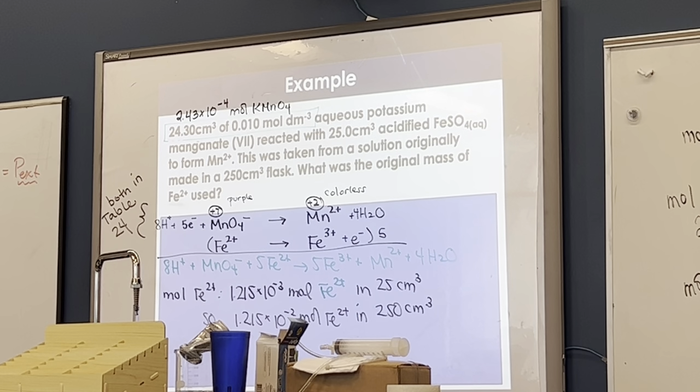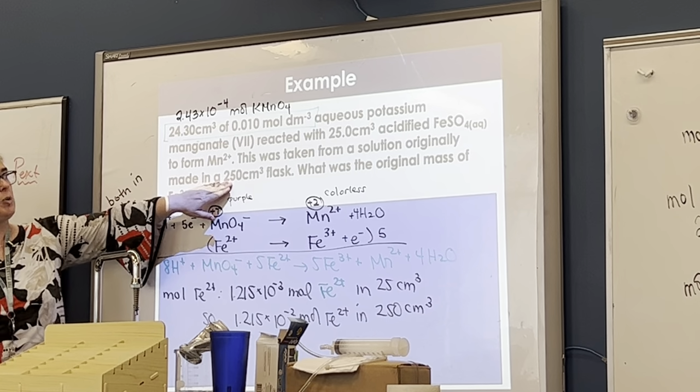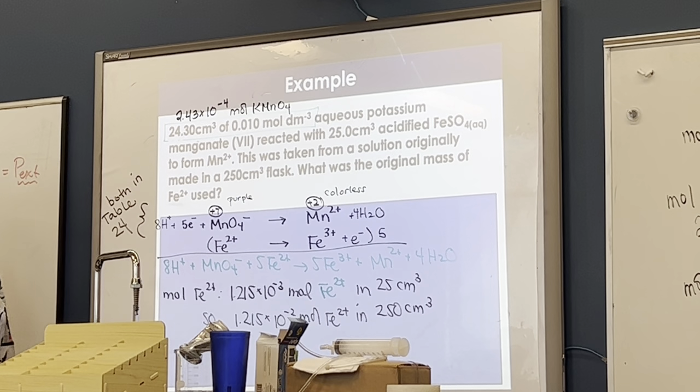So that's that 10-to-1 ratio that we were talking about before. Again, we took a sample and titrated it, but the question is what was originally in that flask. So we multiplied it through by 10.